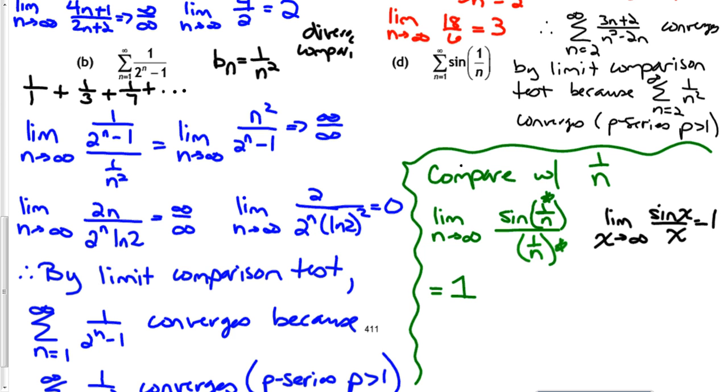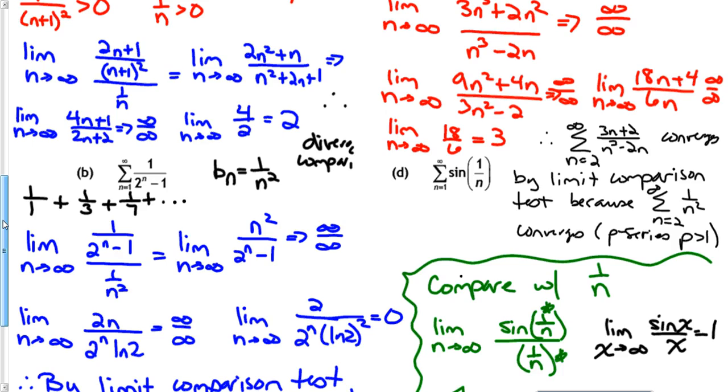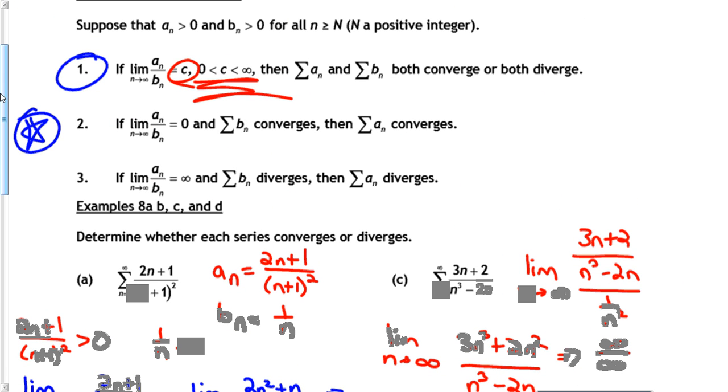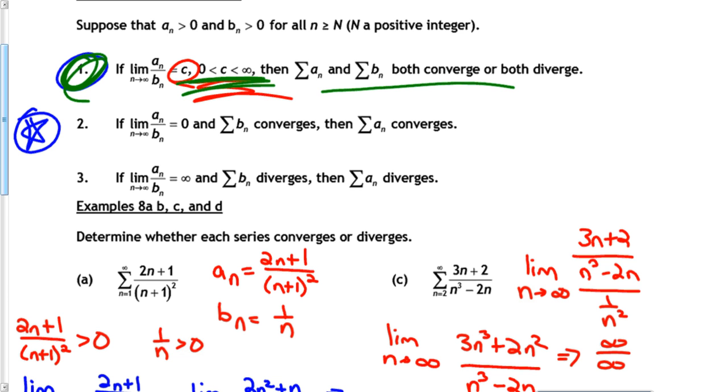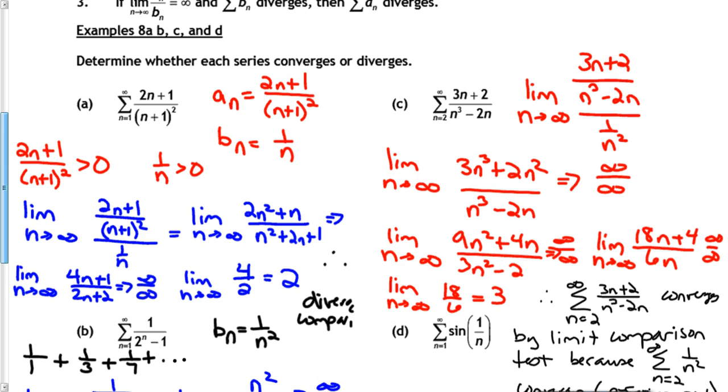So now I can go up to my test again. I have my limit is equal to a c. Again, I'm on number 1. My c is between 0 and infinity, which means these two things both converge or both diverge.